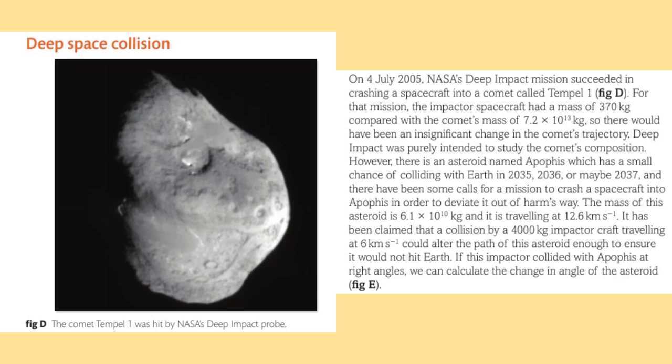So this was really to study the comet's composition, but there is an asteroid named Apophis, which is on its way towards us, and we think, by calculation, in 2035, 2036, or maybe 2037, this is going to be a near-Earth object. This is a bit of a worry, because how near to Earth's orbit is it actually going to get?